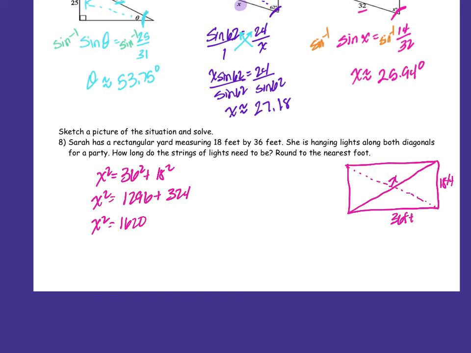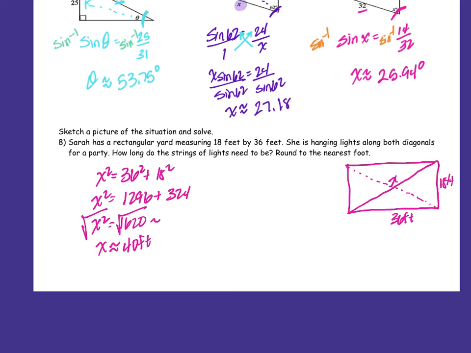Okay, so I need the square root of 1620. It says round to the nearest foot. So x is approximately going to be equal to 40 feet.